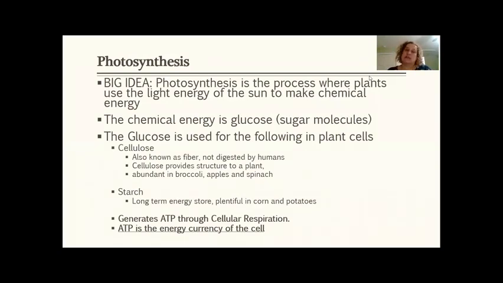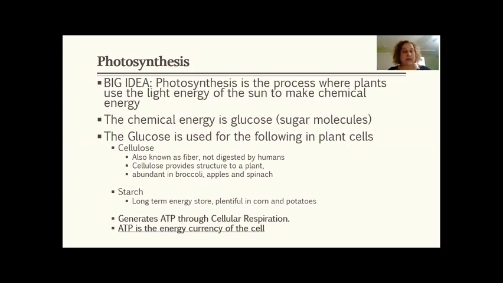The first thing it's used for is to make a component called cellulose, shown right here. Okay, now cellulose you might know as another name called fiber. So this is something that plants make for structure. We can't digest it, yet it's part of our overall health to consume enough fiber. I'm sure everybody's heard their parents talk about that.